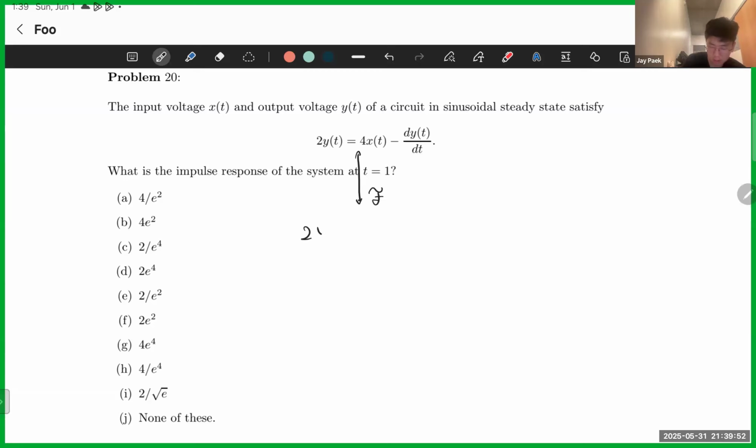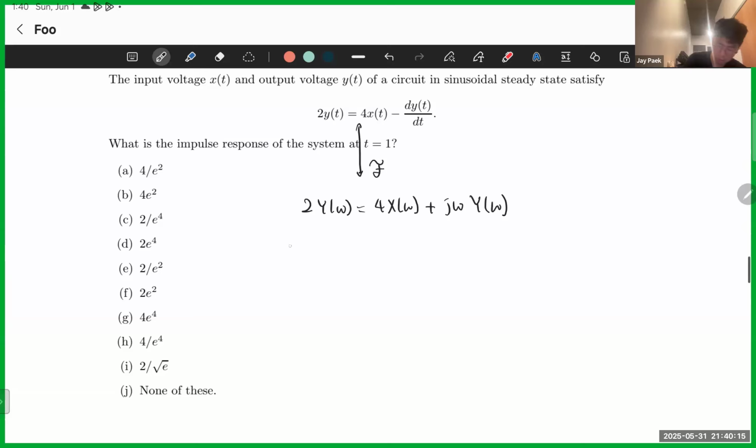And then you see that this is 2 y of omega, 4 x of omega minus, okay, I believe it is this. Then we have this.